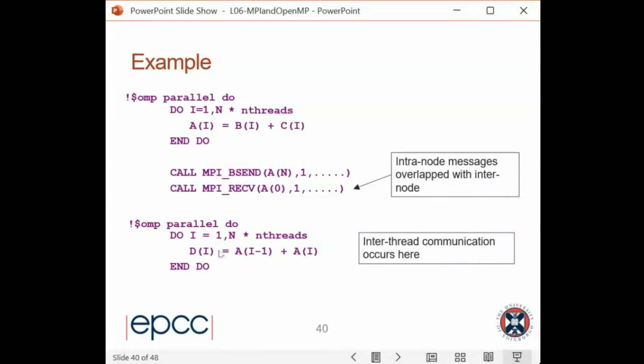This communication is transferring a(i-1) to a(i). There's no explicit communication there, but you are reading data. This thread is reading some data which has been updated by another thread, because it's reading a(i-1), so it may have been updated by a different thread. And so this could potentially produce an overhead, in that rather than all the data transfers happening at the same time, they're happening in two stages, depending on whether they are intranode or internode communications.